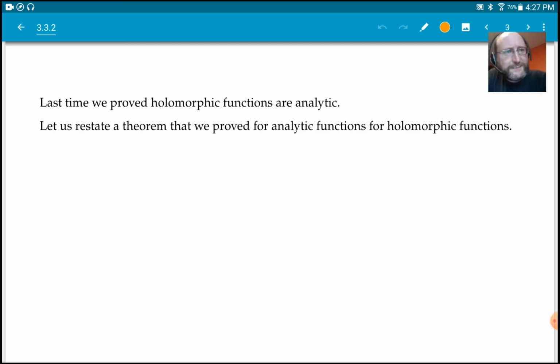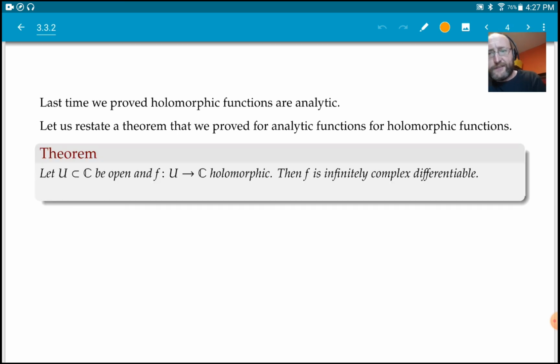So let's restate a theorem that we proved for analytic functions, and let's restate it for holomorphic functions. We have a holomorphic f defined in an open set, then f is infinitely complex differentiable, right? We knew that for analytic functions, but now we know that analytic functions and holomorphic functions are one and the same, right?